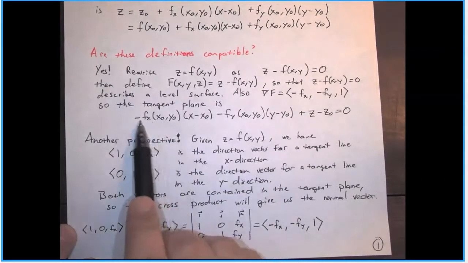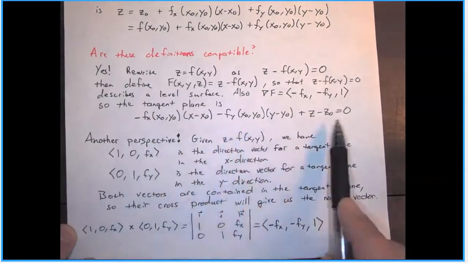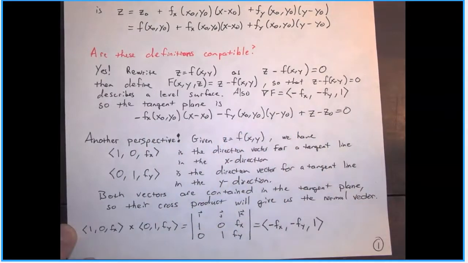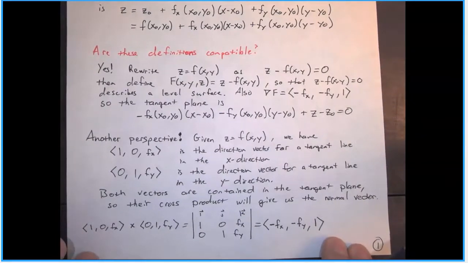And these are exactly the components of the normal vector I got here. So everything comes together, and everything is compatible and makes sense. So that's how we find the tangent plane for a function of 2 variables. Same idea as before, just now a slightly different context.